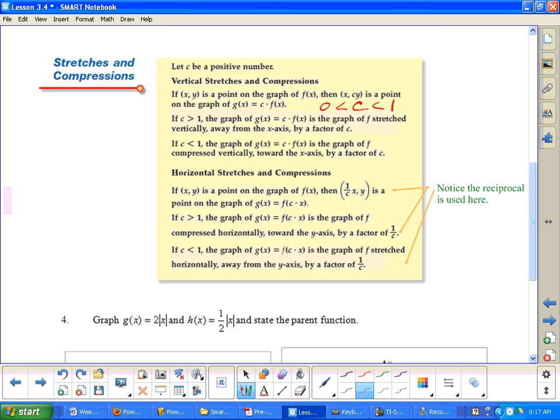But for a horizontal compression, it's greater than 1. So they're reversing. And if you really think about it, vertical stretches are basically the same as a horizontal compression. Because as I stretch something out vertically, what's happening to the x values? They're getting closer together.